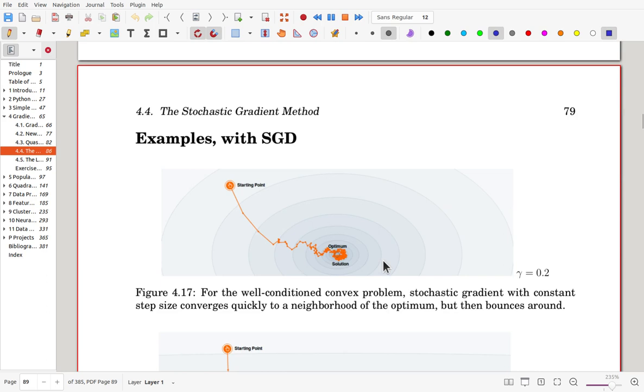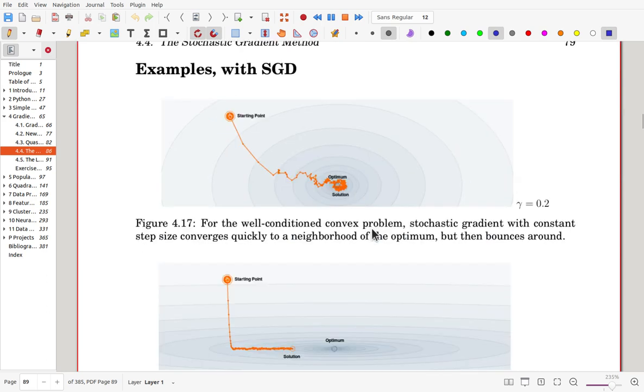Okay, let's see an example. Here is the run with constant step size, gamma is 0.2, using stochastic gradient descent.